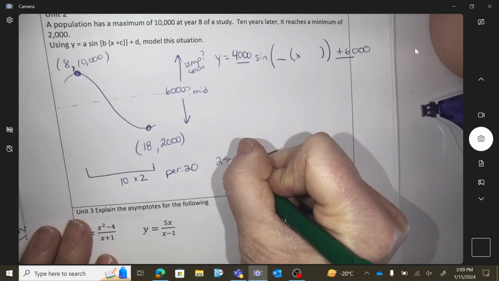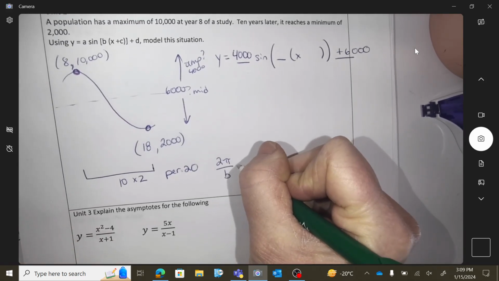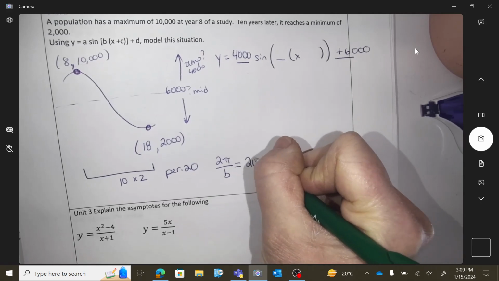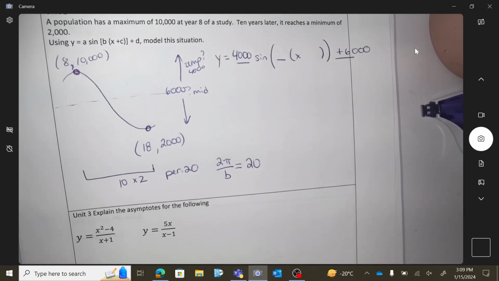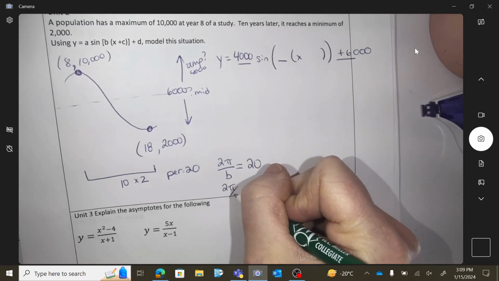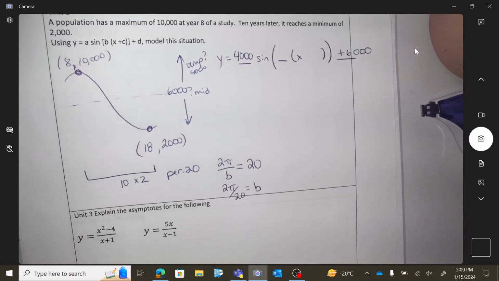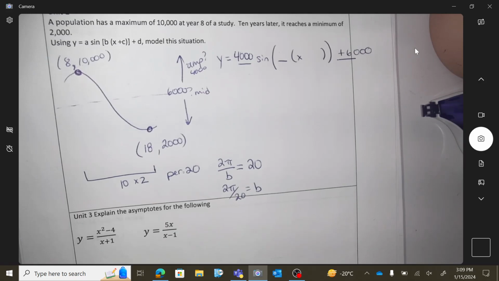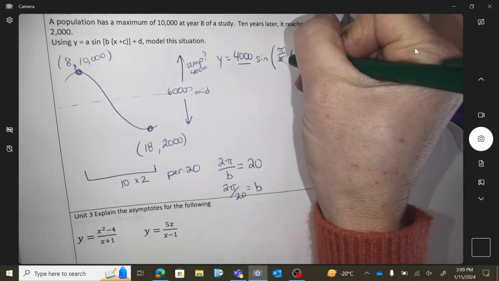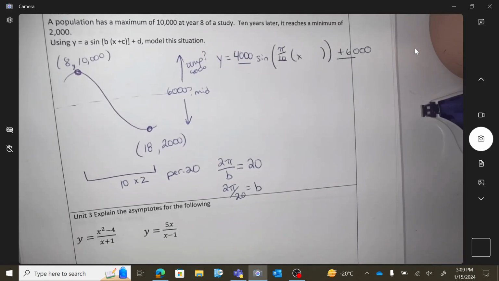So 2 pi over some kind of b would have to end up being 20. And then you can just flip-flop those letters around. I'm just going to do a pi over 10, just reducing it.